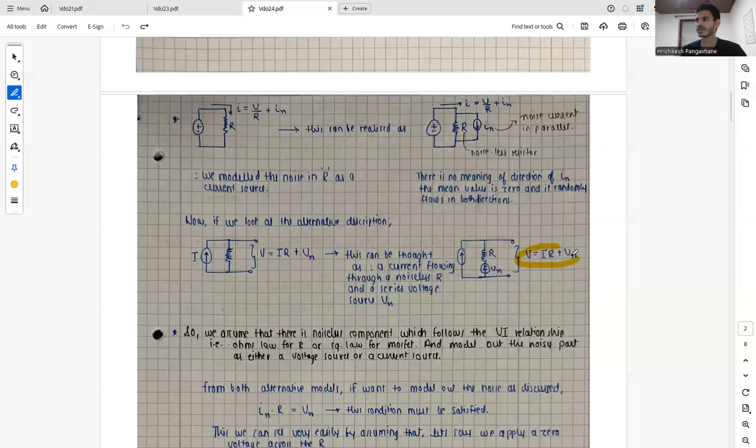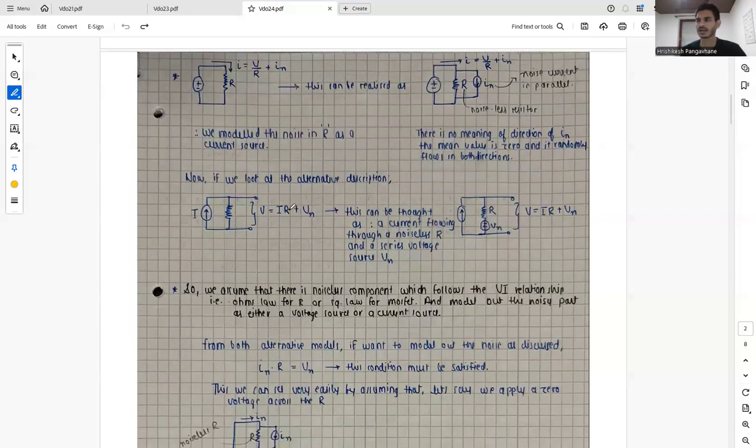So our V will be IR plus Vn. So we assume that there is a noiseless component which follows the VI relationship, for example, Ohm's law for a resistor or the square law model for a MOSFET, and model out the noisy part as either a voltage source or a current source.